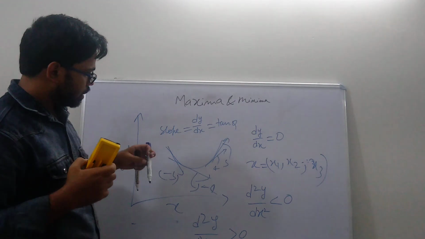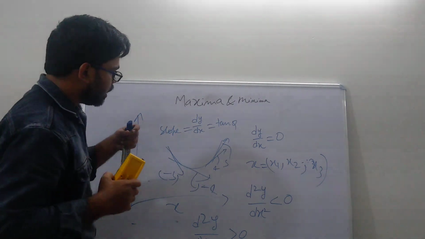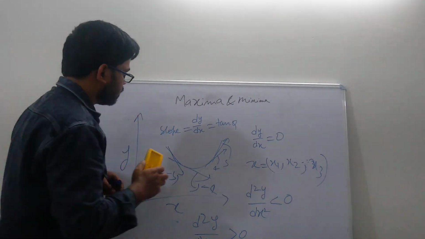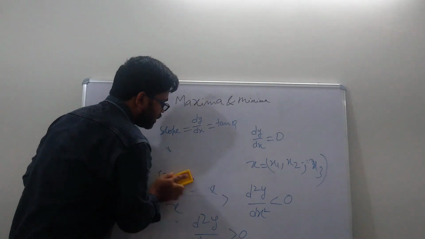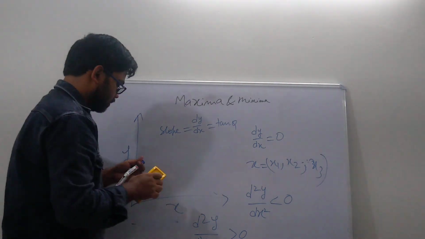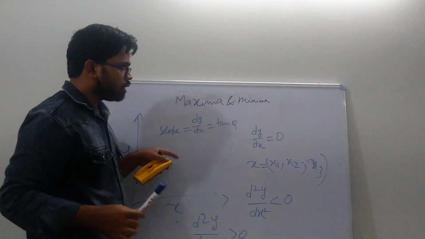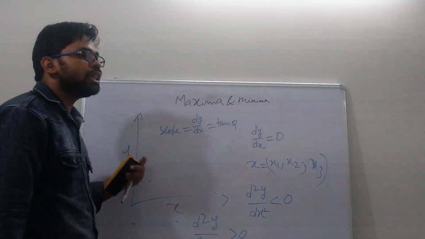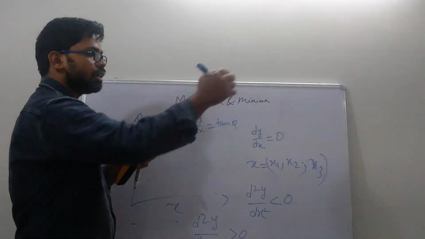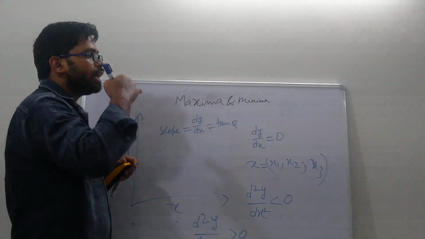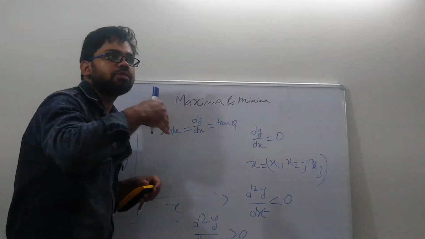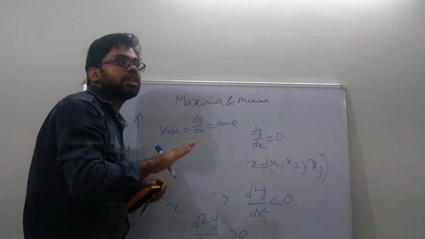Similarly, how do we calculate the maxima? Just the opposite things come into place. In minima, your double derivative keeps on increasing. The slope starts from a higher negative value to a lower negative value, then 0, then starts increasing.